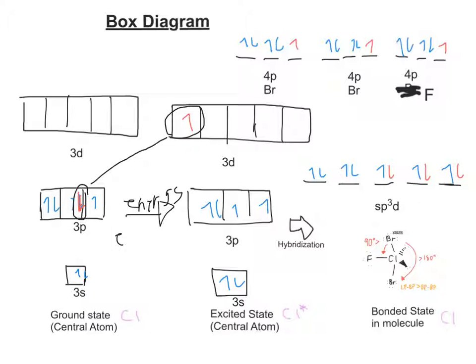And next, we will hybridize, and the hybridization is sp3d. The blue represents electrons coming from the Cl, and these two right here represent the lone pairs, which are also found on the VSEPR diagram.